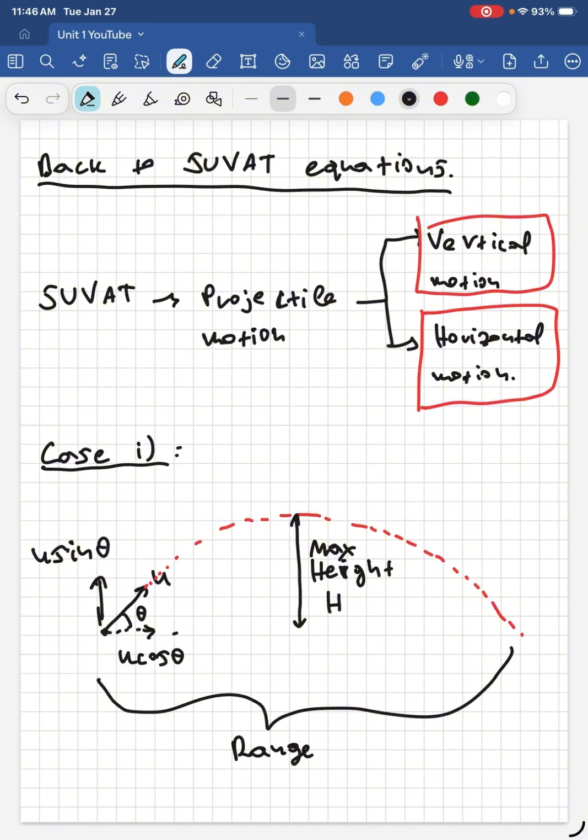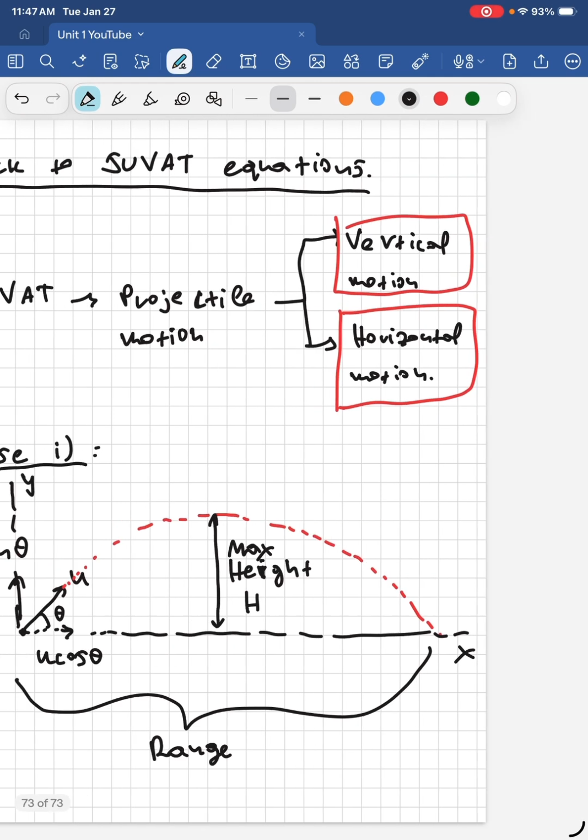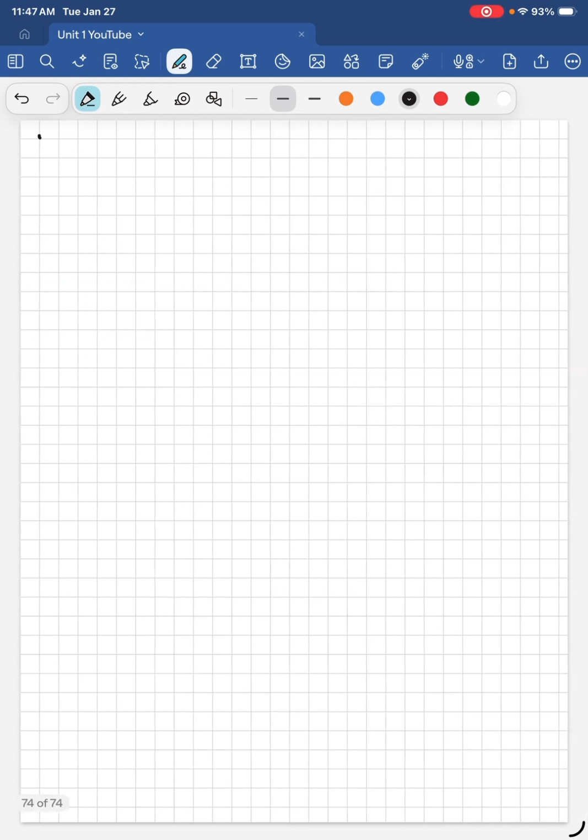This is the x direction, and this is the y direction. In this case, we naturally have a vertical component and a horizontal component. So let's talk about the vertical motion.